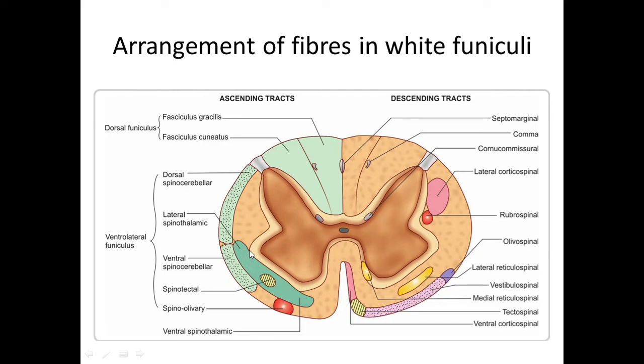Then in the lateral funiculus, there is the lateral spinothalamic tract. Then this is the ventral spinocerebellar and this is the dorsal spinocerebellar. So in the lateral funiculus there are three tracts: the lateral spinothalamic tract, ventral spinocerebellar tract and the dorsal spinocerebellar tract.